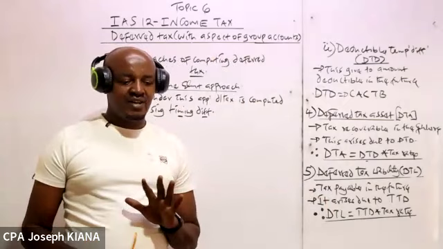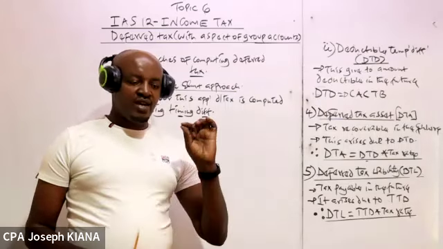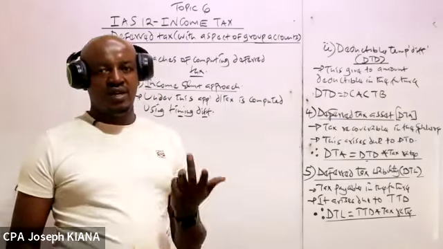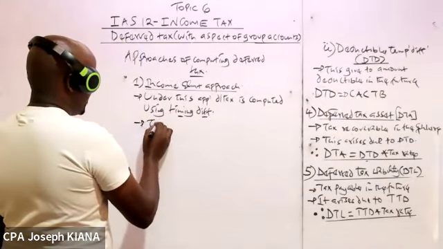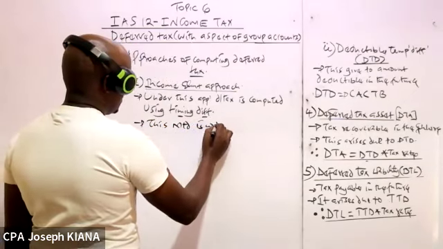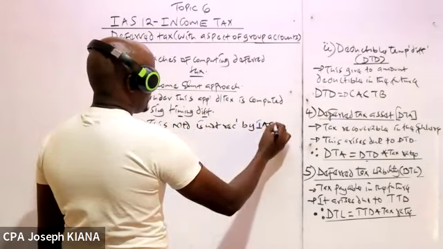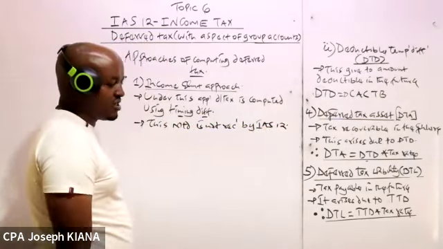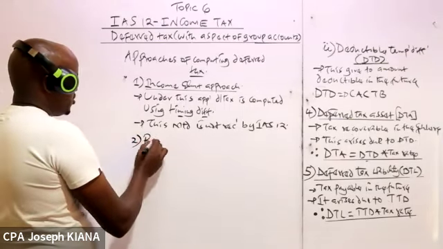All the questions examined at this level require the computation of deferred tax using another approach we are going to see, known as the balance sheet approach. So this method is not recommended by International Accounting Standard number 12. Number 2, we have the balance sheet.